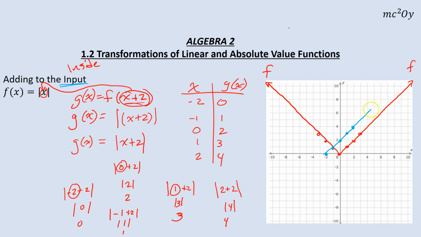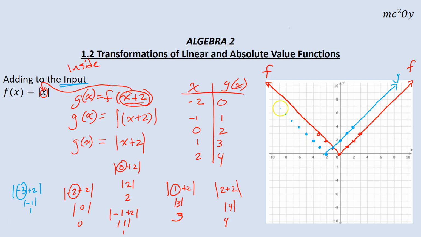And I could keep going, but I'd end up getting something that looks like that. So let's try some of these values on this side. Let's say I put -3 in. -3 plus 2 gives me an output of -1. Absolute value of -1 is 1. Aha, my graph is now turned. And if I put -4 in, I get an output of 2, and so on.